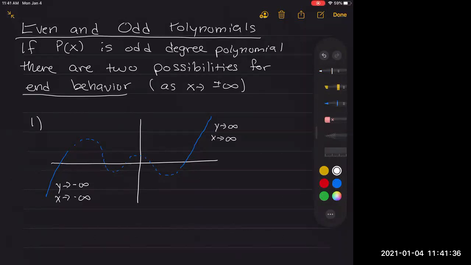This behavior is when the leading coefficient is positive. This means that the coefficient on our highest power exponent is a positive number.